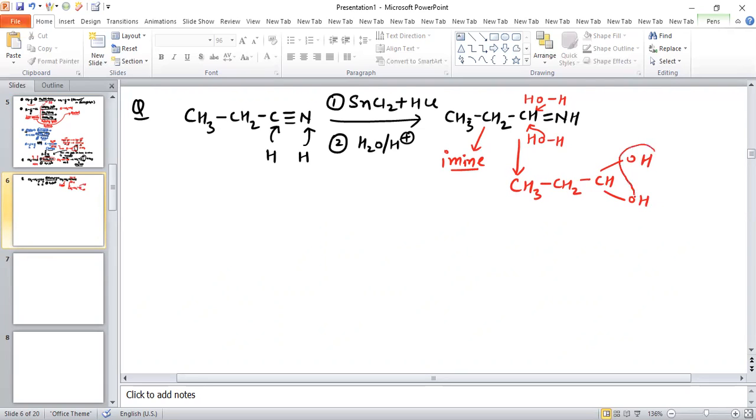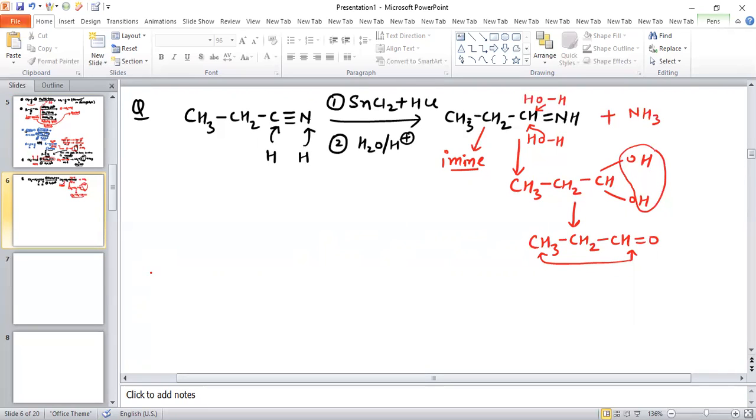So water is removed. When water is removed, it will form CH3 CH2 CH double bond O. So an aldehyde is obtained as a product, because two OH groups on the same carbon atom is unstable, and the other byproduct obtained is ammonia.